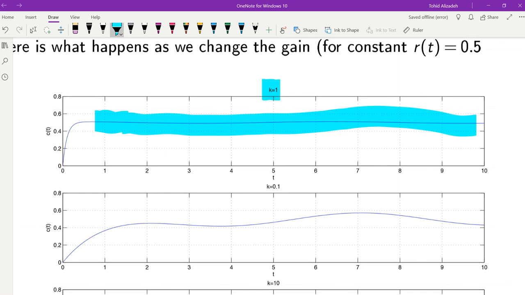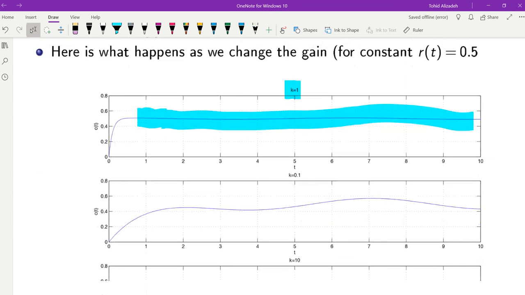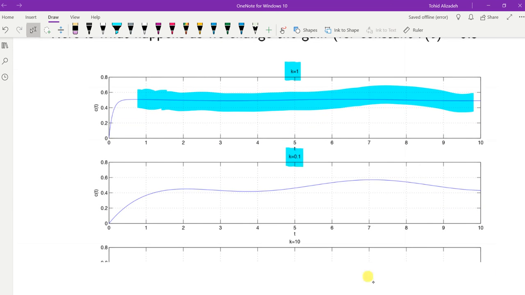It's not that visible, but we have fluctuations with low frequencies. In the second graph, k is equal to 0.1. It means that the amplitude plot for L of j omega has moved downwards by 0.1, or minus 20 decibels.